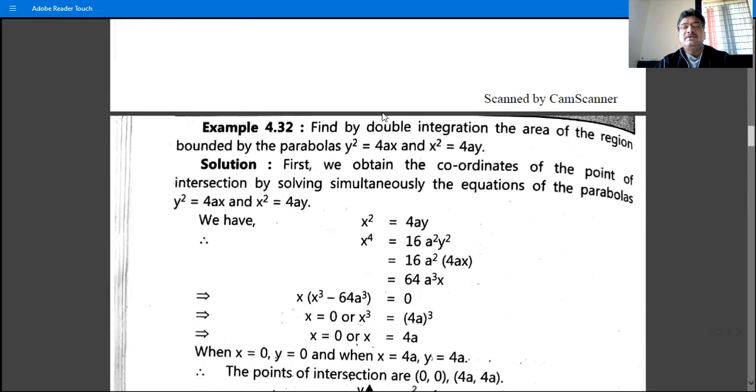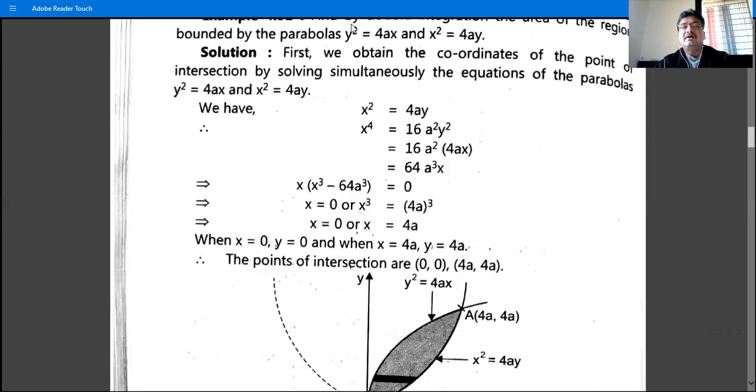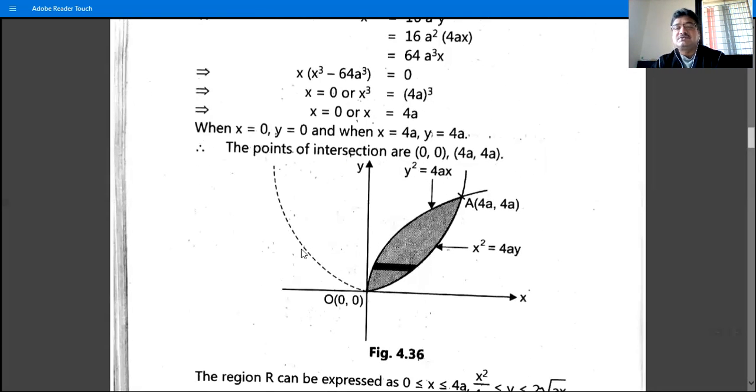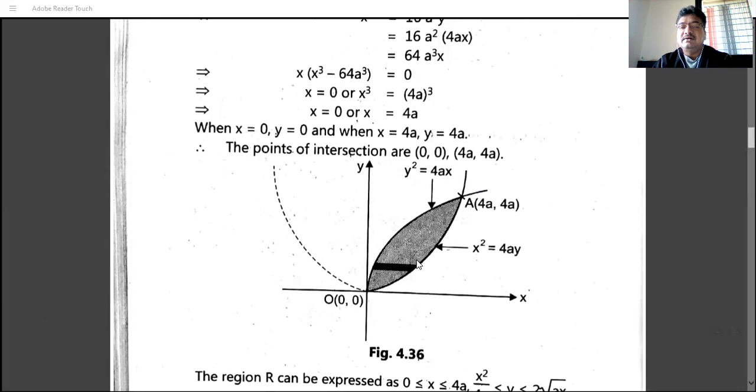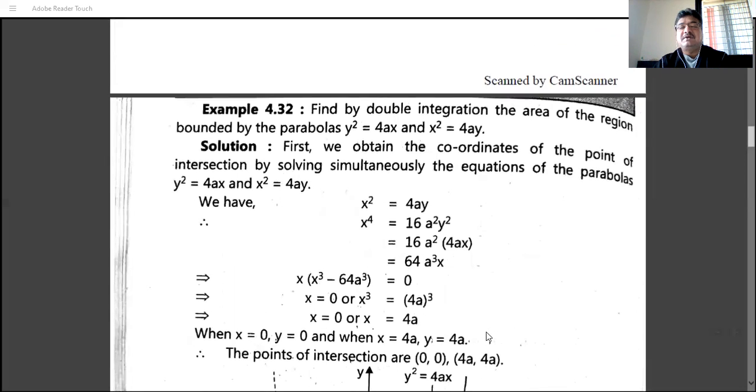So first draw the figure. y square is equal to 4ax is the equation of a parabola around the x-axis. y square means around the x-axis. So this is the parabola y square is equal to 4ax around the x-axis.